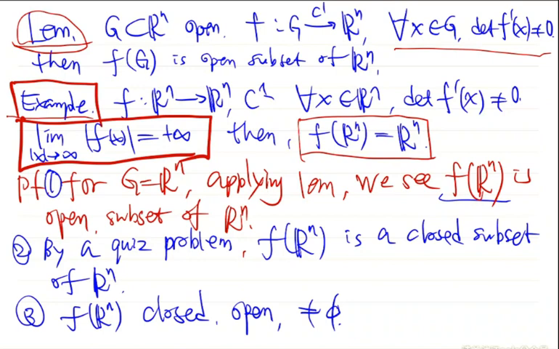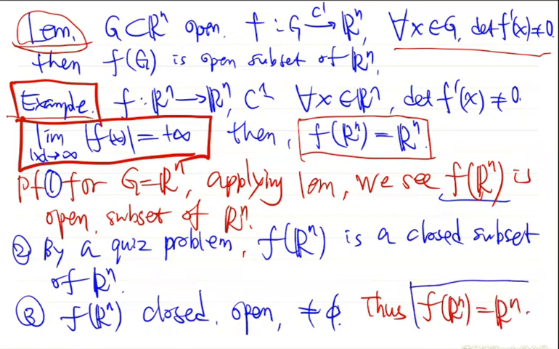It must be the whole Rn. Okay, this is a result we proved previously. We had a section when we studied continuous functions, a section about distance from a point to a subset. Then, as application of the result in that section, we proved that the only non-empty, open, and closed subset of Rn is Rn itself.